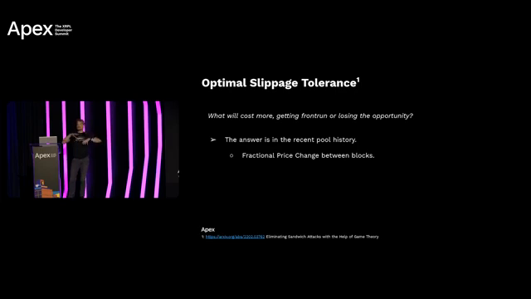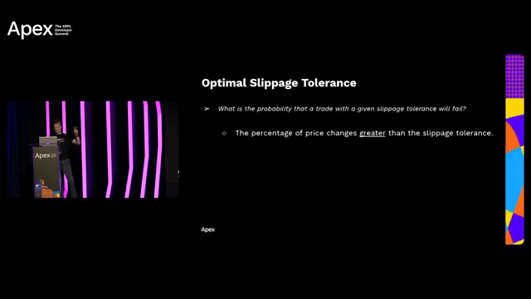How volatile it was. And there are two components. One component is, what is the probability that a trade with a given slippage tolerance will fail? And it is simply the percentage of price changes that are greater than the slippage tolerance provided.